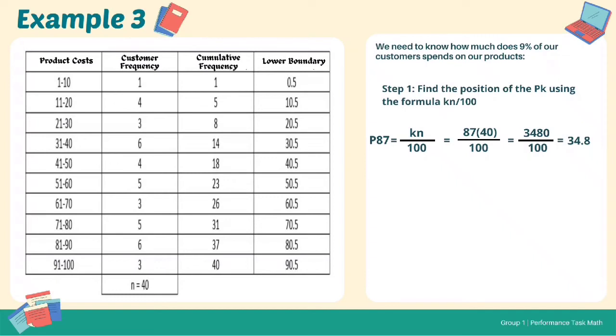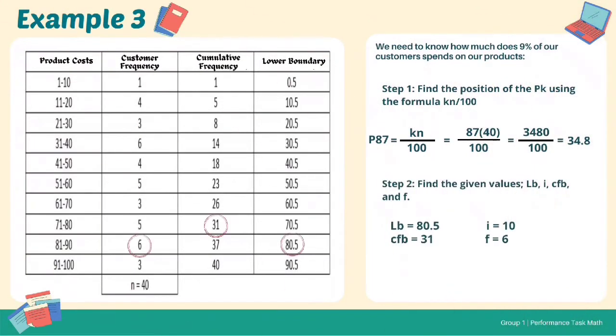Multiplying 87 by 40 will give us 3,480, divided by 100 will give us 34.8. After finding our kn over 100, we need now to find the given values of the needed terms. As our kn over 100 fits on the 37 cumulative frequency class, its lower boundary would be 80.5. The cumulative frequency below would be 31, and its frequency would be 6.